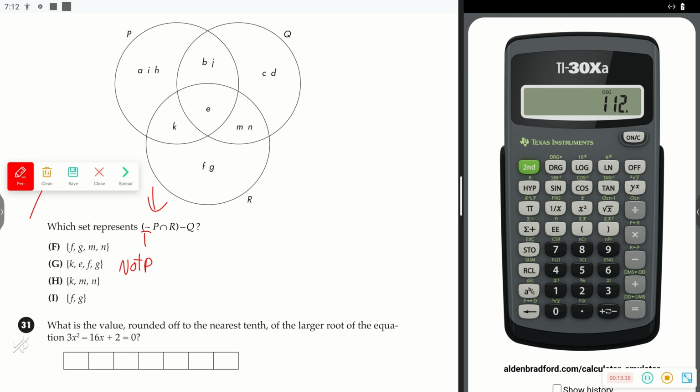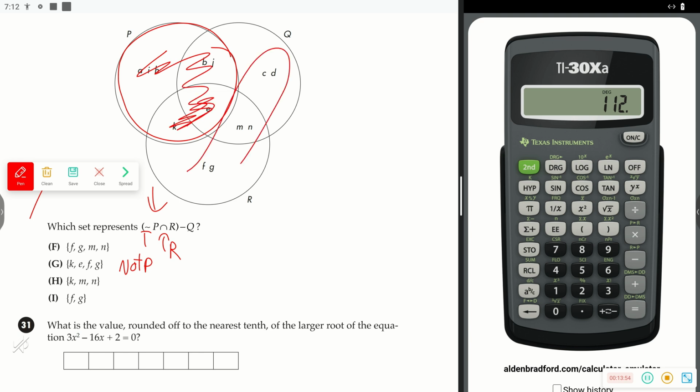But it does include, so this would be, it's not P, and it also includes set R. So not P, but is R. So if we circle P, we know that it's not P. It's not any of these, right? So that means it has to be in this set here.